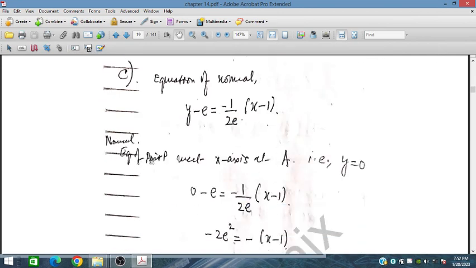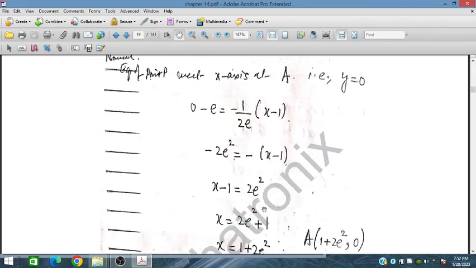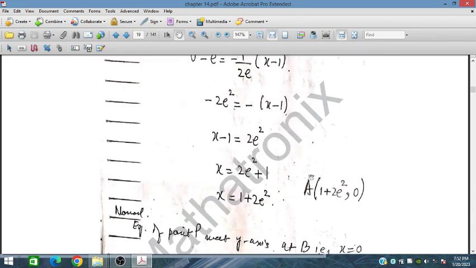The normal at the point meets the x-axis at point A. At A it meets the x-axis, so at that point the value of y will be 0, because it's meeting the x-axis. So this is 0. As a result, x can be obtained as this. So the point A is 1 plus 2e squared, 0.